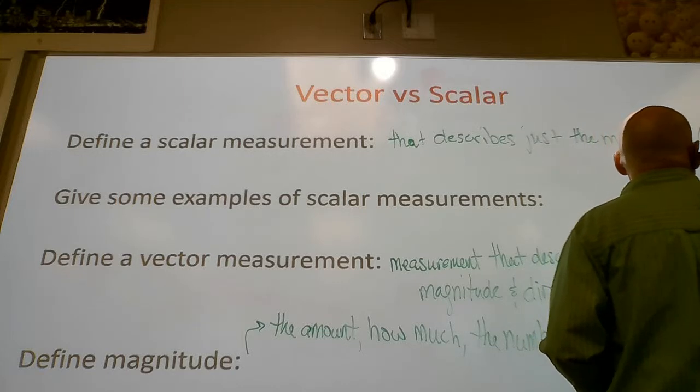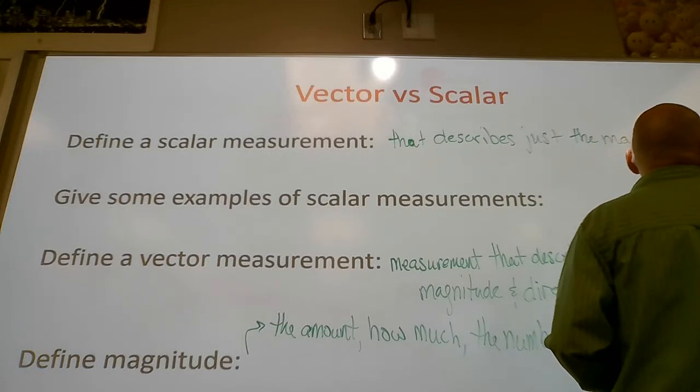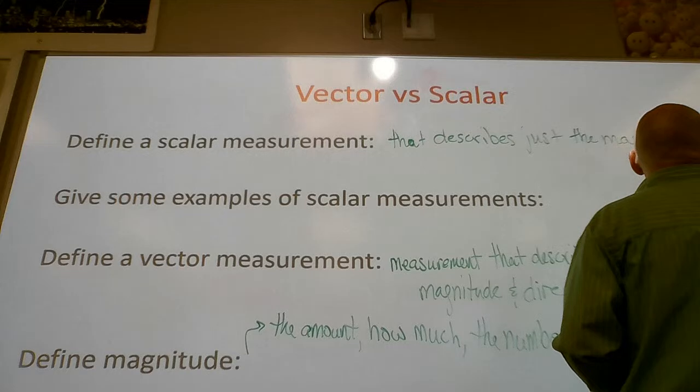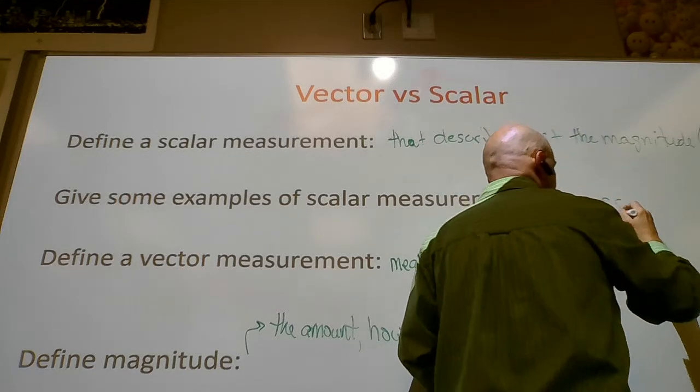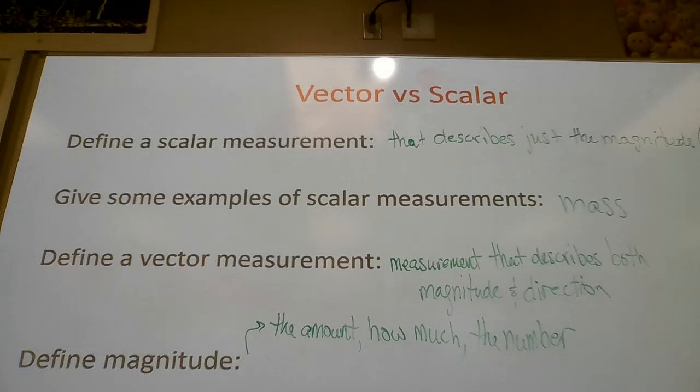Not direction. Some examples of that would be mass. Mass doesn't have direction, it's just a number, it's just how many kilograms there is. We don't really care, like, it's not like, what's your mass? Like 57 kilograms north. Like, what? Okay, or temperature is also an example of a scalar measurement.